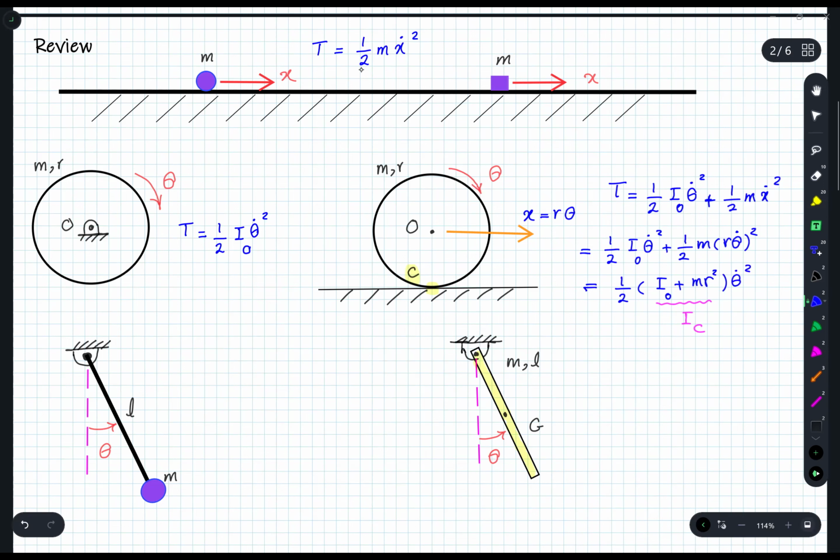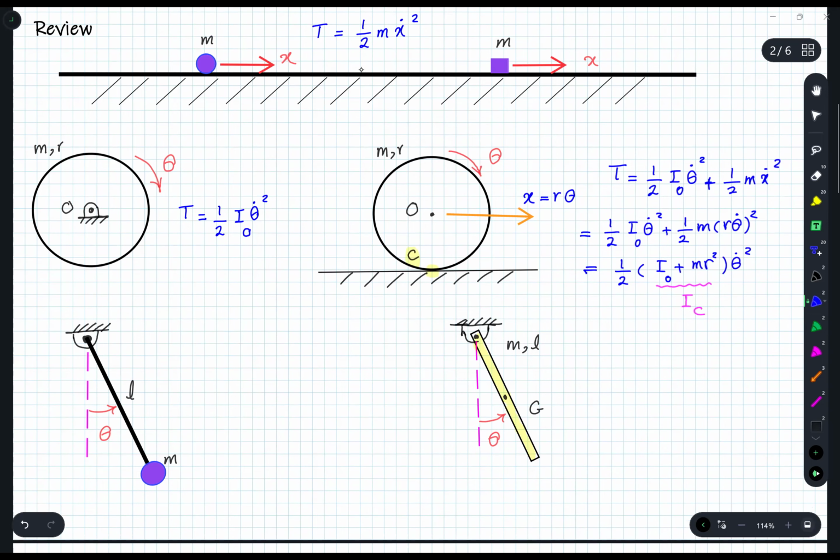With the same concept, now, if I have a simple pendulum, when we say simple pendulum, it means we ignore the mass of the link. So no mass. It means I end up with just a particle here, a concentrated mass.